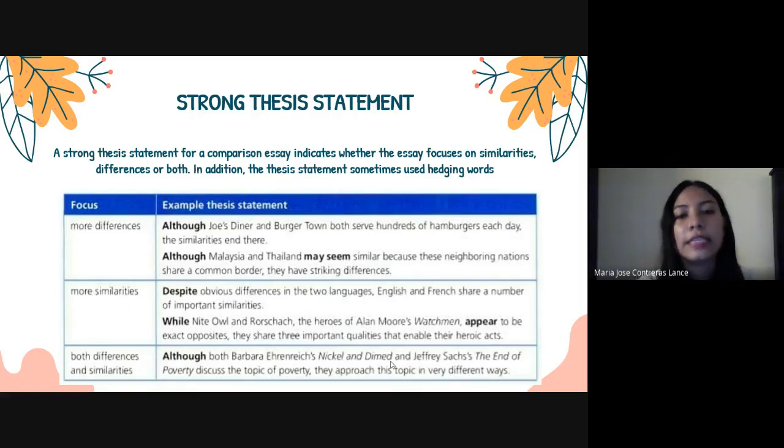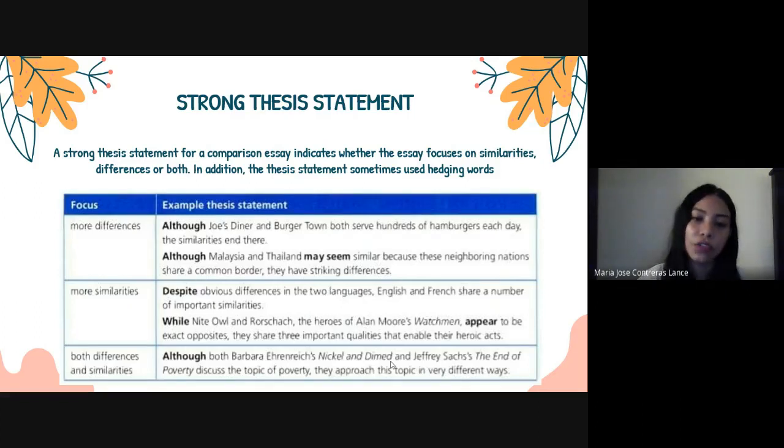In addition, thesis statements sometimes use hedging words, but what is a hedging word? Hedging words are the things we write and say in order to soften our words, to make them less direct, and to limit or qualify claims and statements that we make or that we are writing in our comparison essay. We can find these hedging words, such as may, might, can, seem, appear, or so.